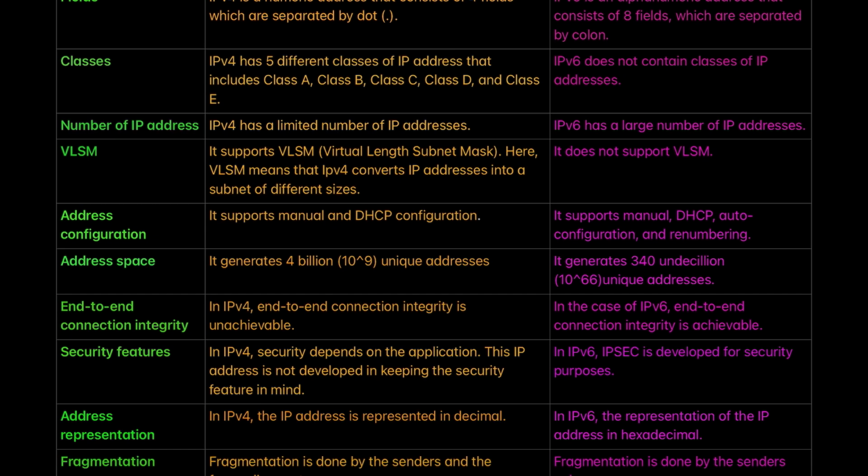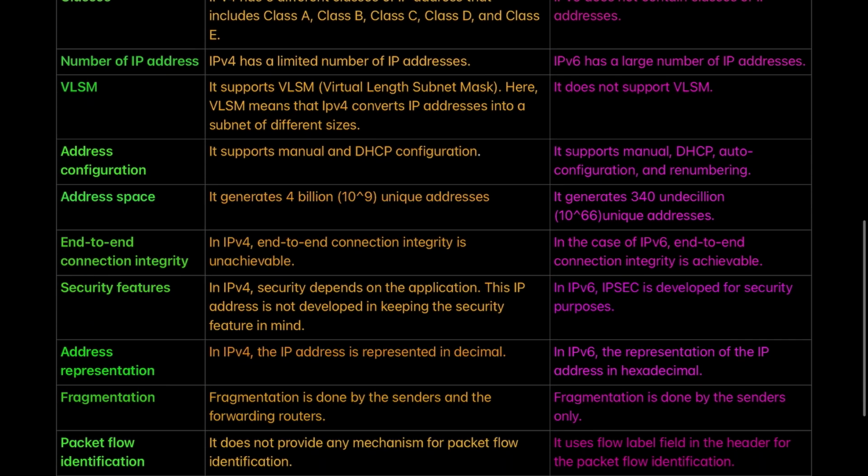Address space. IPv4 will have lesser address space, so it generates 4 billion. That means 4 into 10 to the power 9 unique addresses. And IPv6 generates 340 undecillion. Undecillion means 10 to the power 36. So 340 into 10 to the power 36 total unique addresses. End-to-end connectivity, connection integrity.